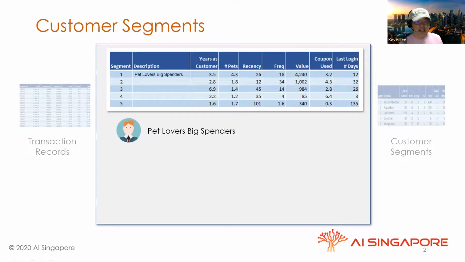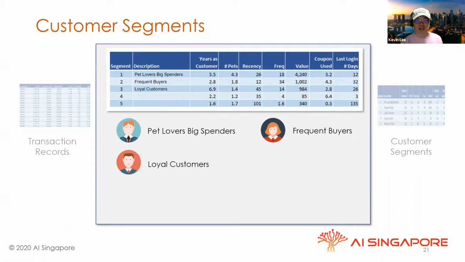And then the second cluster, you see that, hey, they buy a lot more frequently, like 34 times over the last 12 months, whereas most others purchase like once a month or less. So let's call them frequent buyers. And then the third, hey, you realize that these guys have been with you the longest, 6.9 years, compared to roughly about 2 odd years on average.